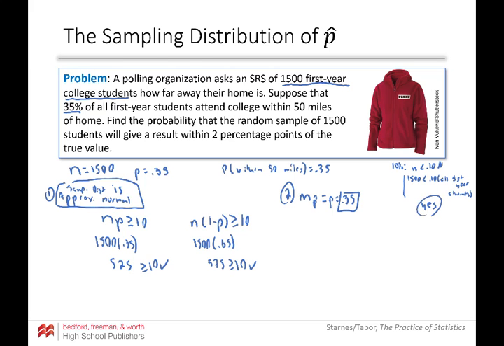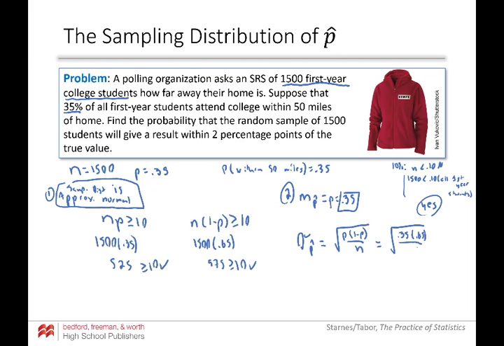Okay. All right, so that means that we're going to go ahead and find the standard deviation of the sampling distribution. So remember, to do that, we're going to say the square root of p times 1 minus p over n. P is 0.35. 1 minus p is 0.65.